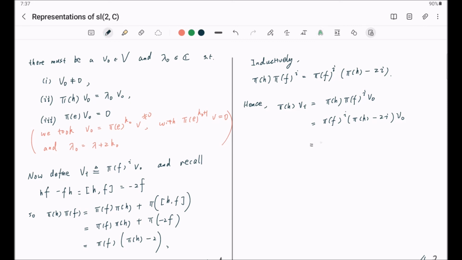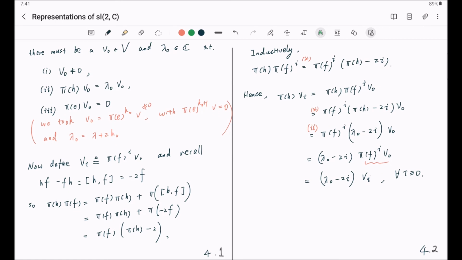So this is equal to, and now we pull out this scalar to the front. And we notice that this is again v sub i. This is true for all i greater or equal to 0.